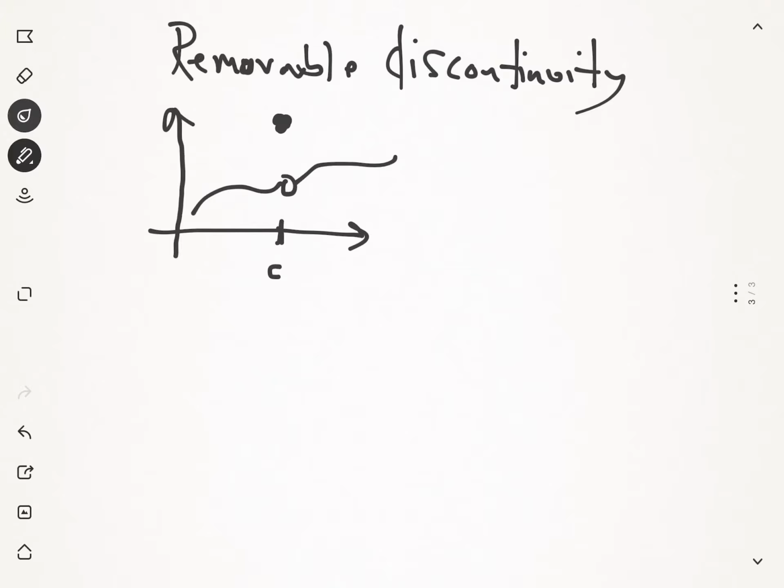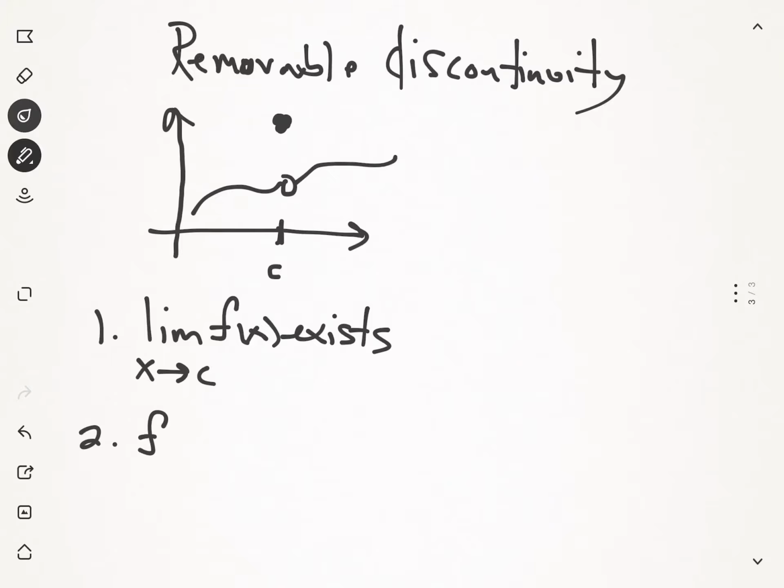Now we have three conditions. One, the limit as x approaches c of f of x exists. Two, f of c exists.